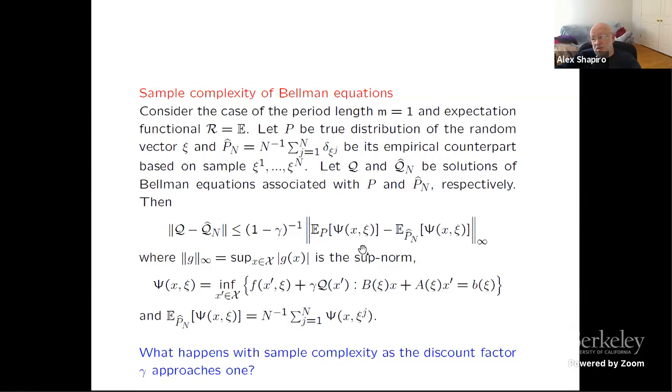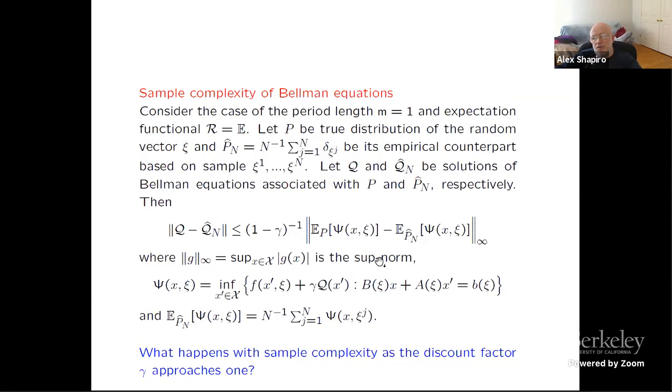Now, there are several interesting questions about that. In this area that I talk about, this is something very recent. Surprisingly, it works. And there are various questions related to that. Suppose for the moment we have period 1 for simplicity.